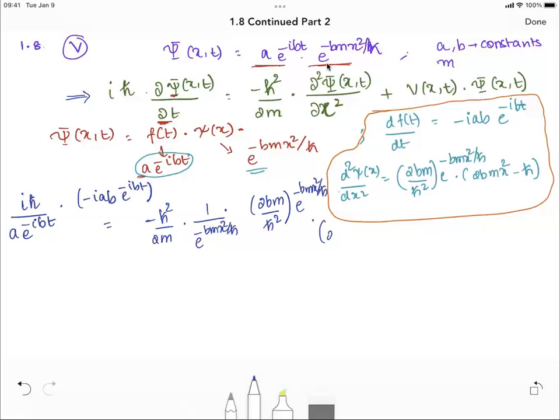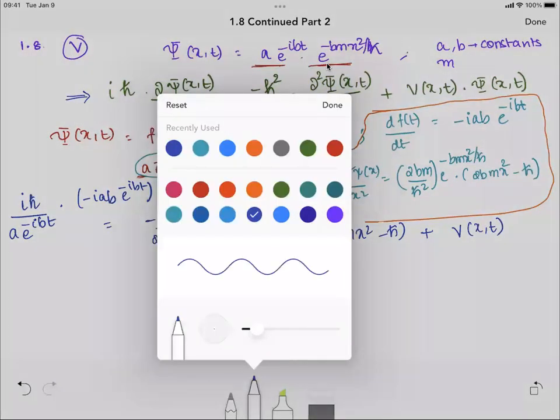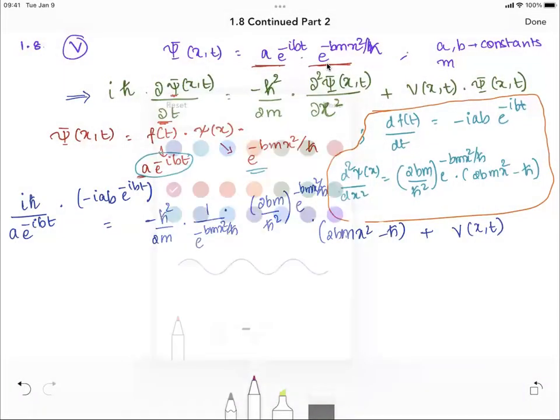This multiplied by 2bn x squared minus h bar. Plus, we have the V of x comma t. That's what we are supposed to find. Now, this is the best part. We're going to have a bunch of cancellations going on here.